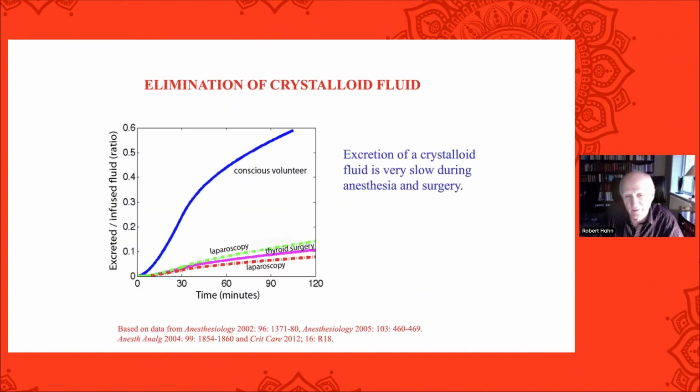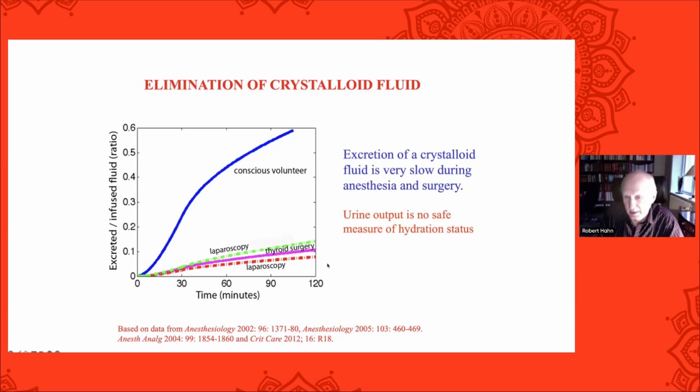This is a figure showing what happens with the urine output if we infuse 1 liter of Ringer acetate in a volunteer. In a group of volunteers, after 30 minutes, you see about 60% is excreted after 2 hours. But if we have a patient during general anesthesia, it's very much lower.